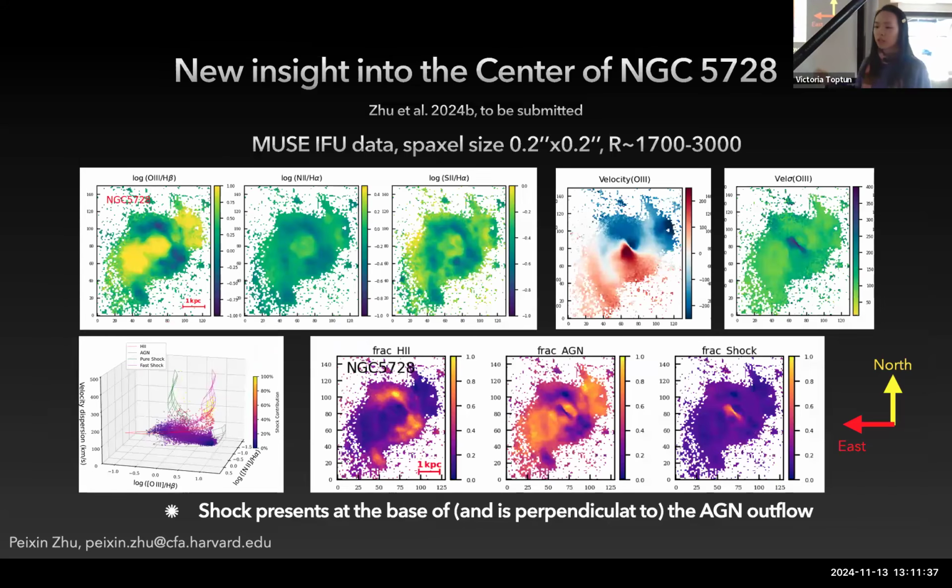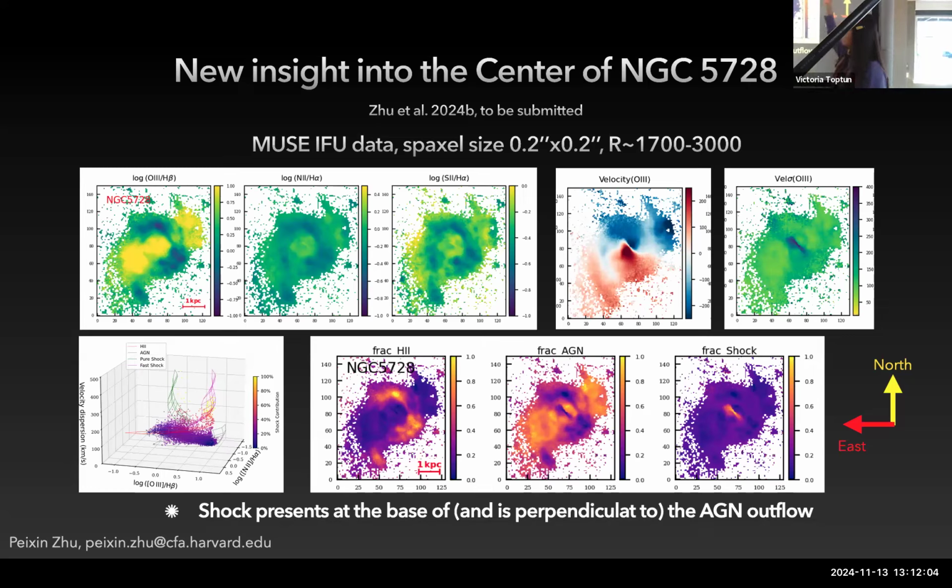Okay, with this diagram, what can we do with this mechanism separation? Here is one example of separating AGN and star formation, and now it includes shocks. There are three mechanisms separated for this same galaxy, NGC 5728, where I showed that previous literature said there's positive feedback and negative feedback in this galaxy.